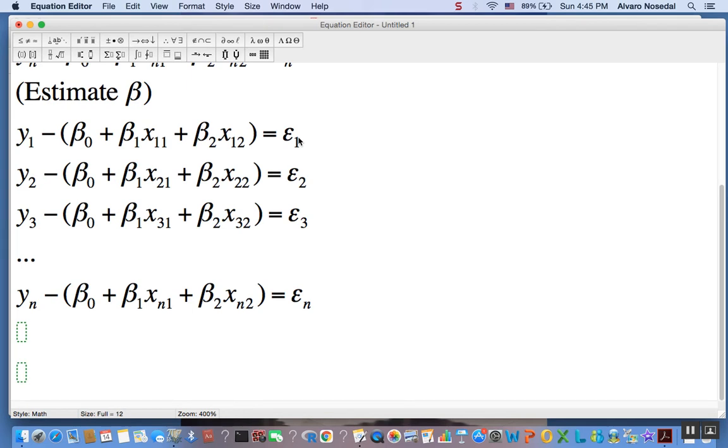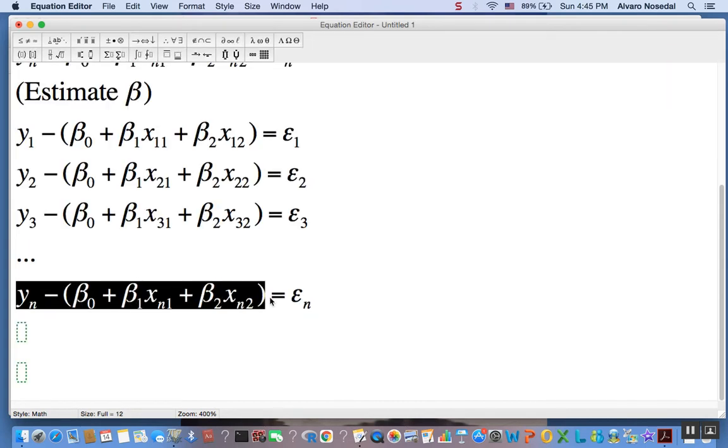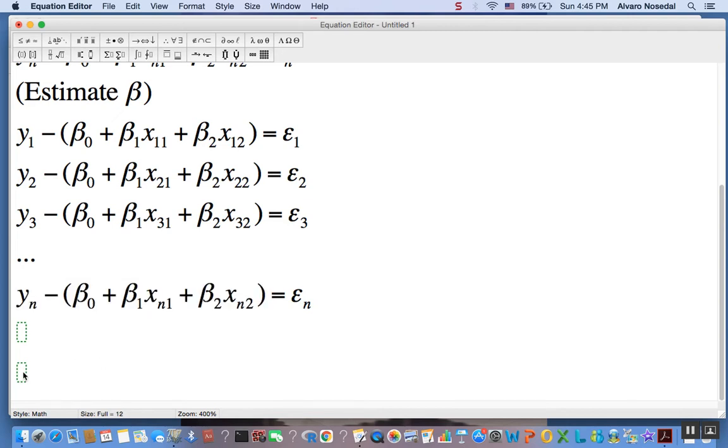Remember when we talked about simple linear regression that we said that for mathematical reasons it was so much easier to minimize the square of those differences? Remember that? So instead of this directly, what we minimize is the square.